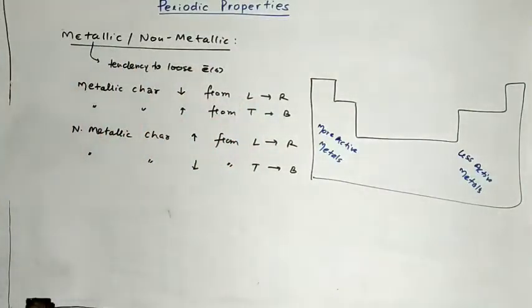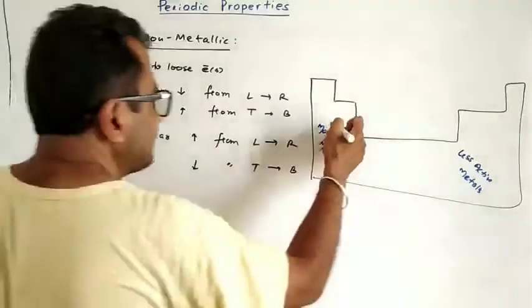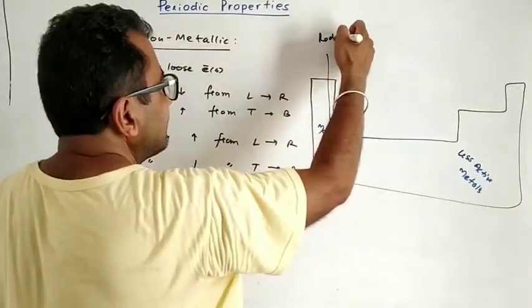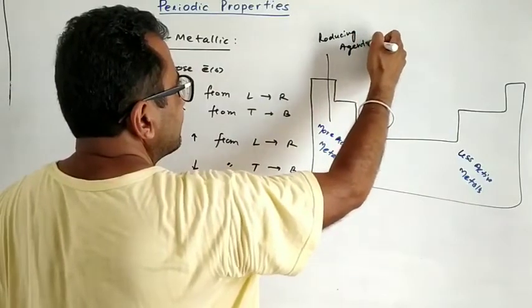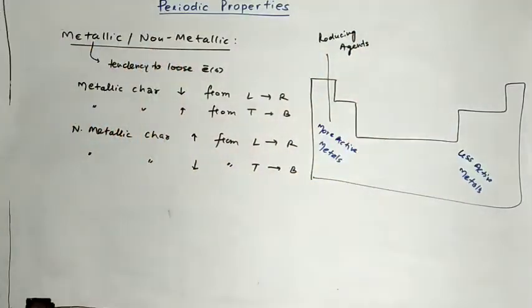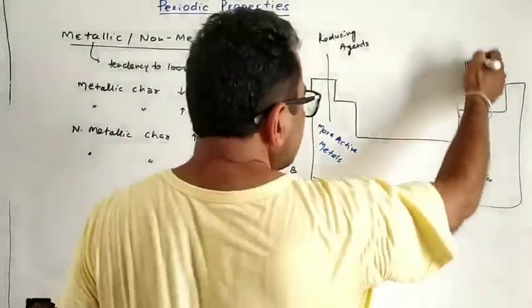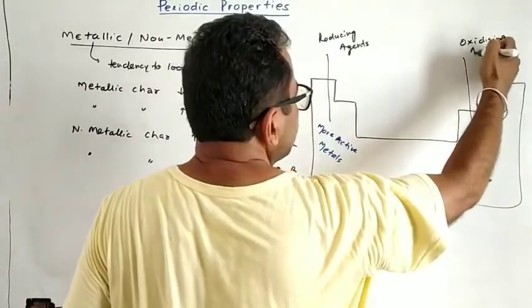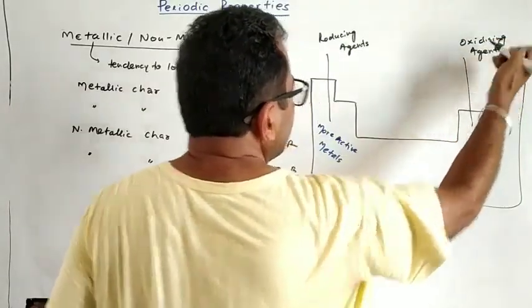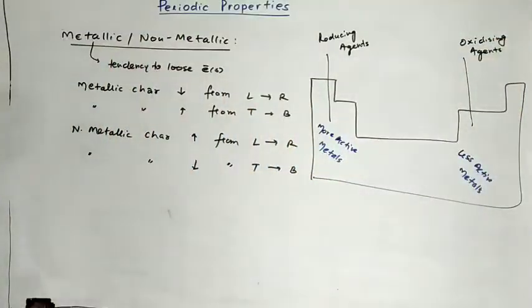More active means they can lose electron easily. So here you will get reducing agents, tendency to lose electron. And here you get oxidizing agents.